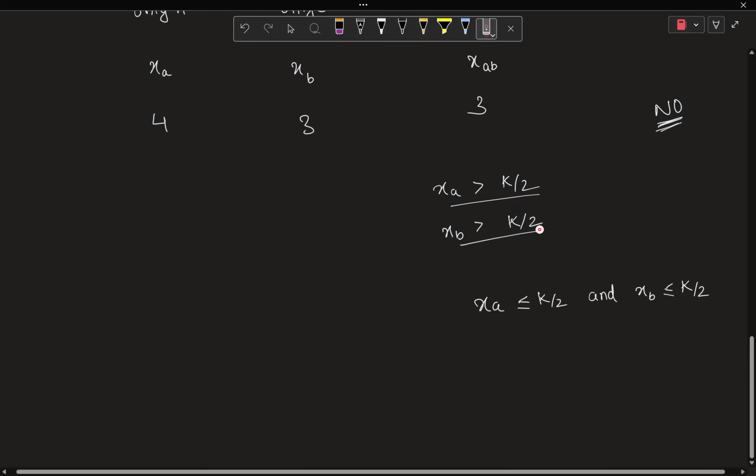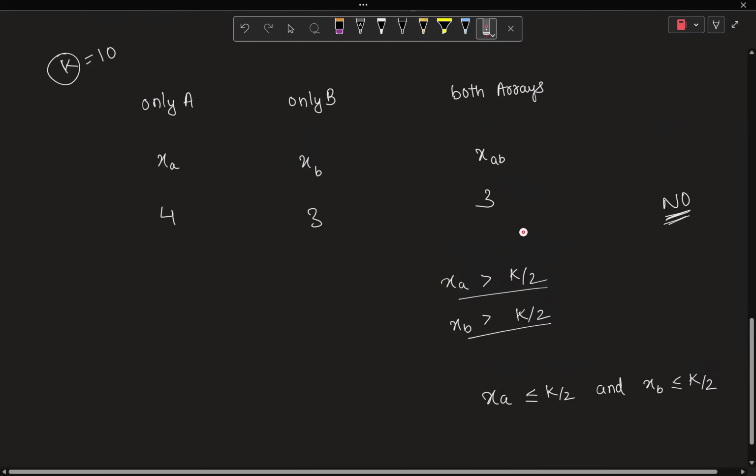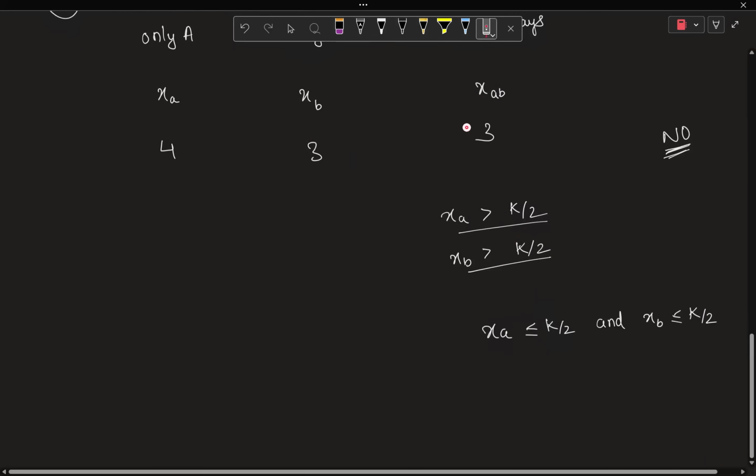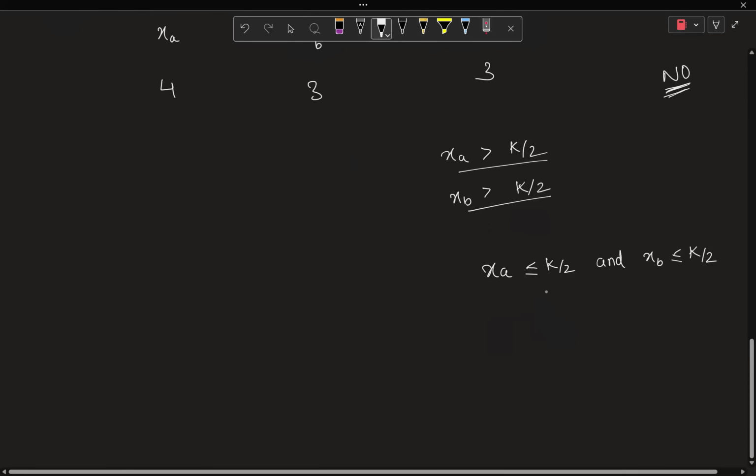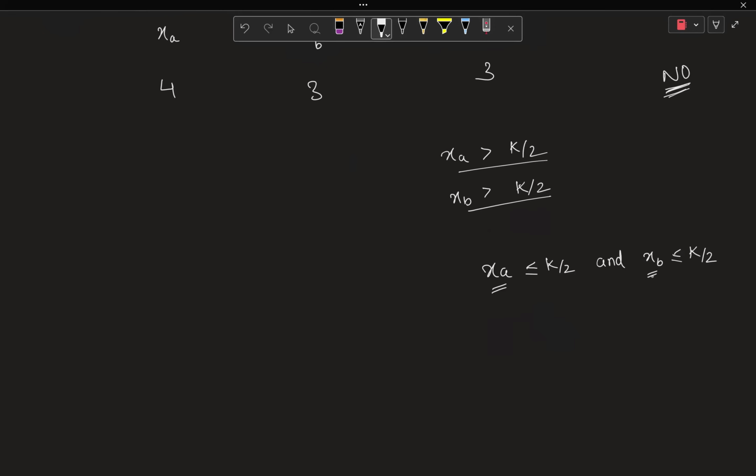Then in that case, what I can do is, there are xa number of elements which are coming up in only one of these arrays, and it is less than equal to k by 2. So I can first of all pick up all these elements from array A which are present in only that one. Then from array B, I can pick up all those elements which are present only in that array.